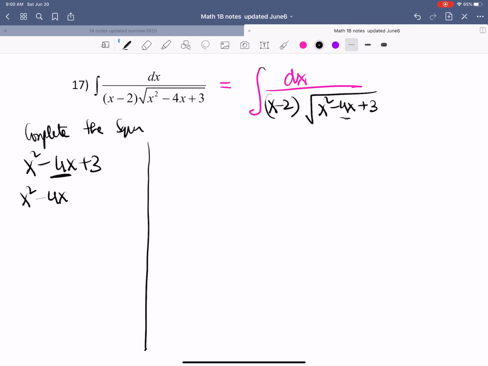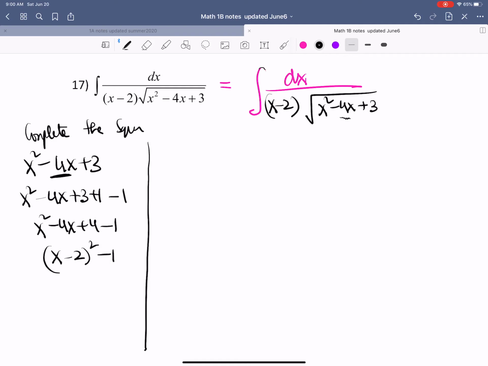Half of 4 is 2, and 2 squared is 4, so I need to add and subtract a 4. I already have a 3, so I'm going to add a 1 and subtract a 1 to complete this square. So I have x squared minus 4x plus 4 minus 1, which is x minus 2 squared minus 1.